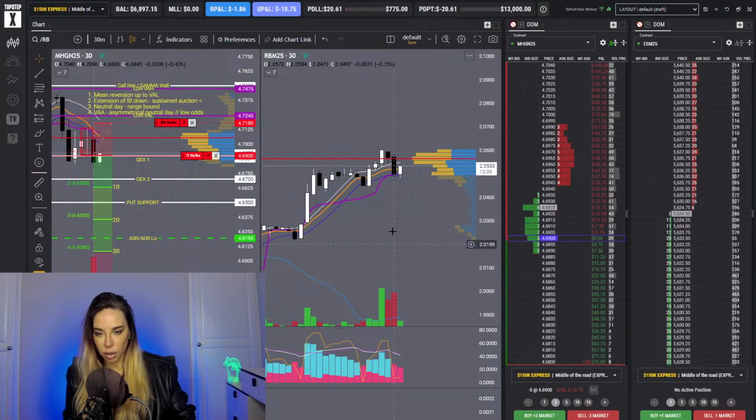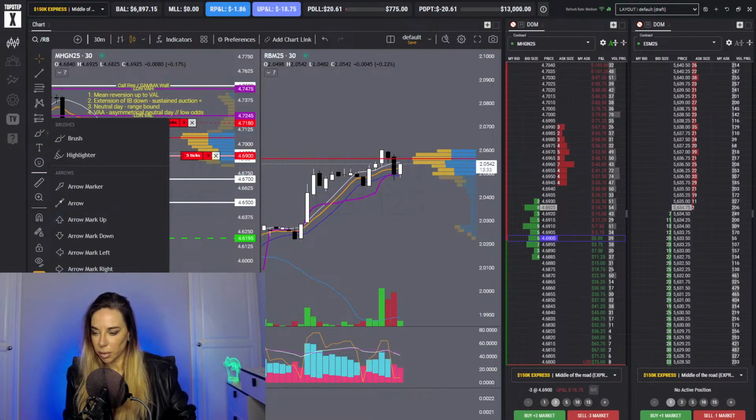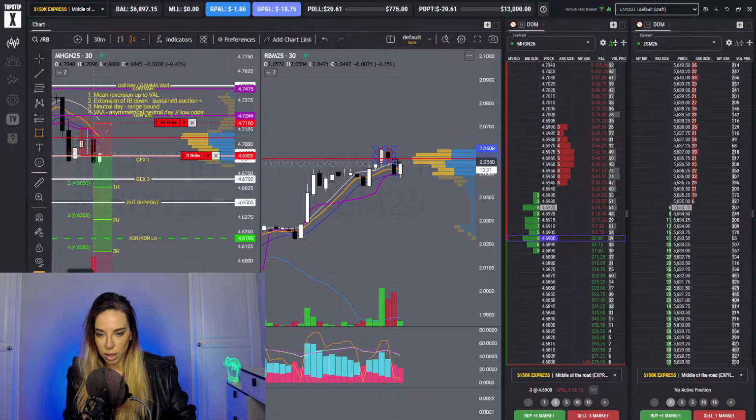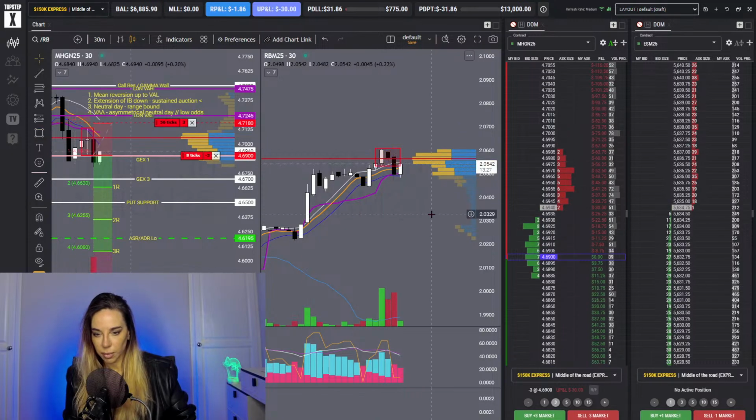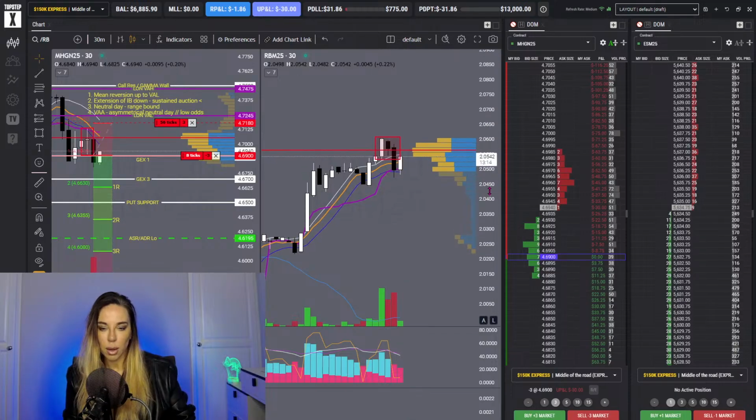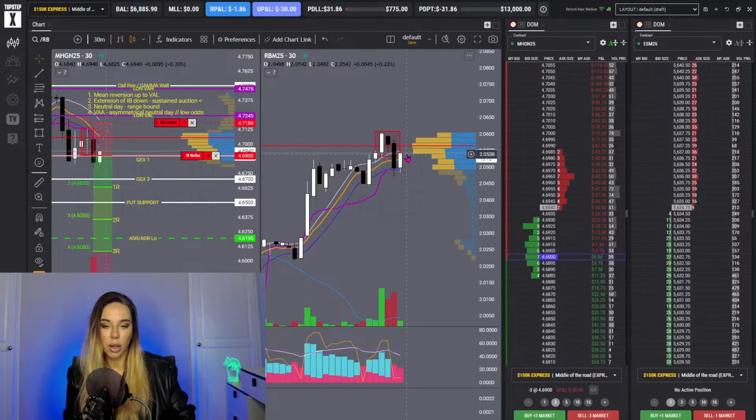30 minutes. Where is my initial balance? So there it is. See, one thing I immediately don't like here is that we extended the initial balance. Tiny initial balance as well. I mean, again, this is another example of that potential for the failed auction into an asymmetrical neutral day.